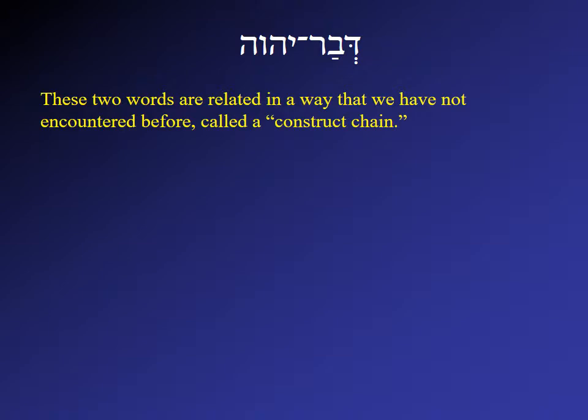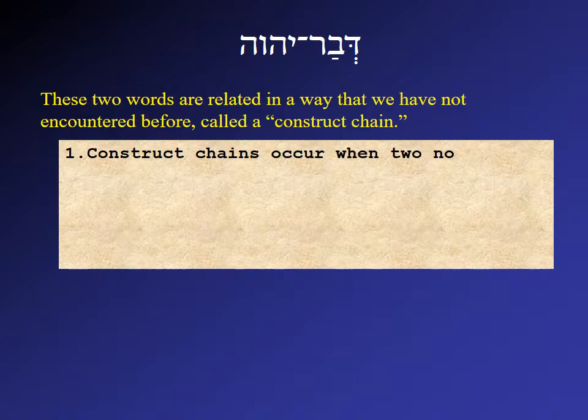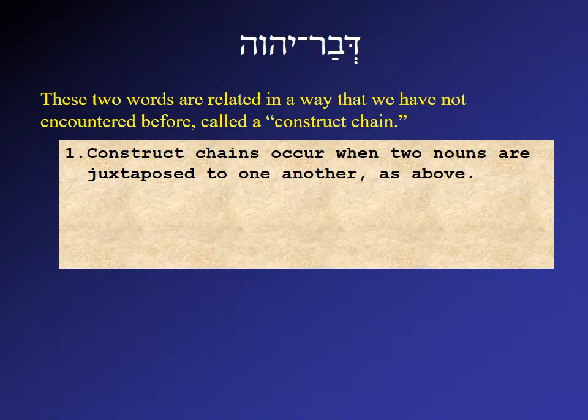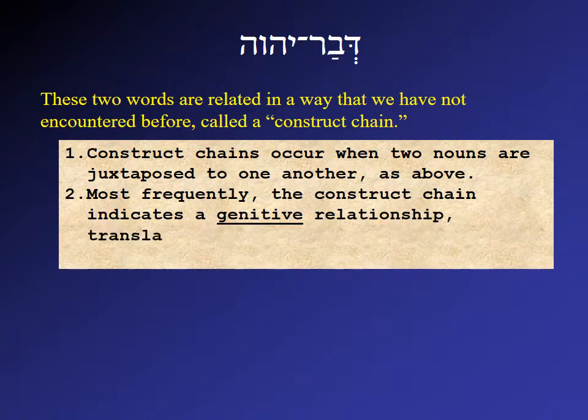Here we have two nouns next to each other, related in a different way. In this case, the construct chain. So construct chains occur when two nouns are juxtaposed to one another. Most often, the construct chain indicates a genitive relationship. So we would translate into English with the word of.